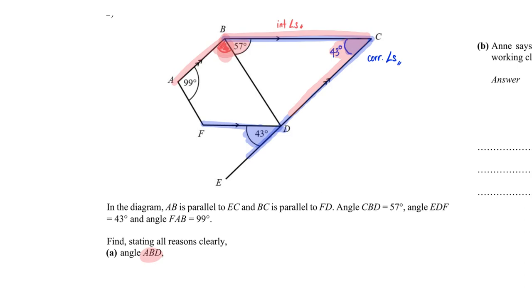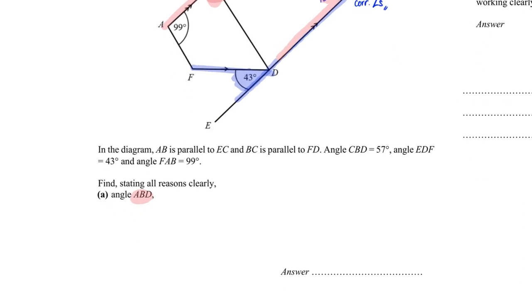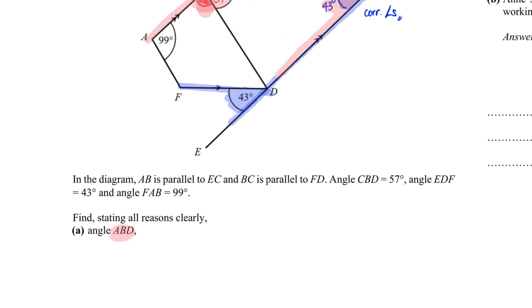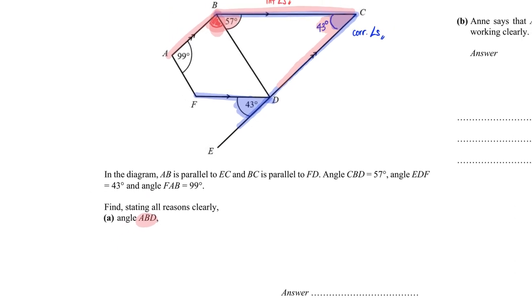So I will have my first step where I will just write it down here, where my angle BCD is equal to my angle FDE, because they are corresponding angles, where BC is parallel to FD. So this is 43 degrees.